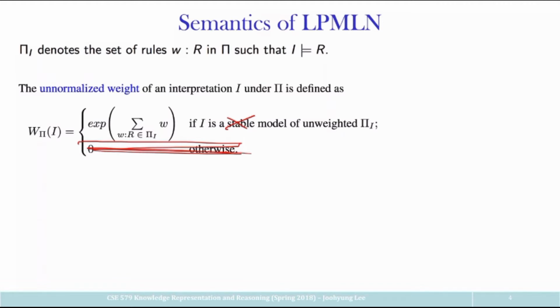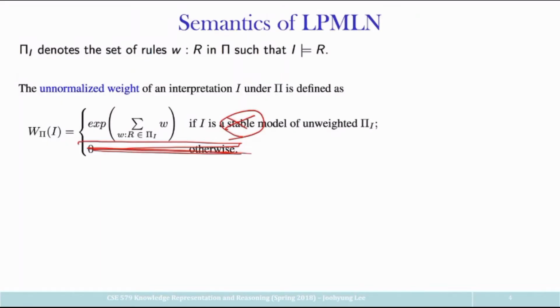The difference between Markov logic and LPMLN semantics is about requiring this subset to generate a stable model. Otherwise, you assign the weight 0. Okay, so that's how you compare the semantics with Markov logic.